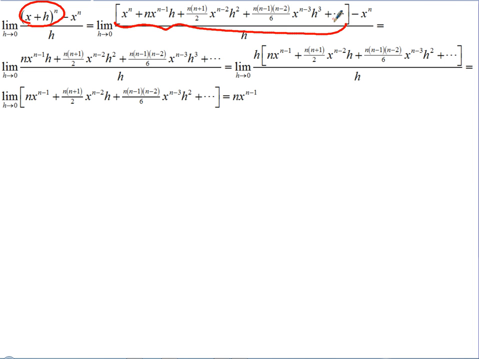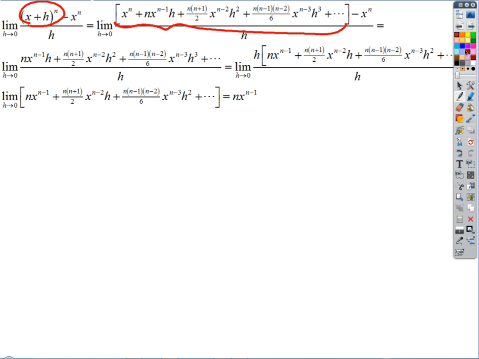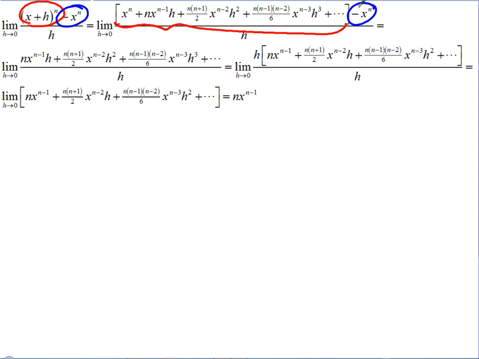All the way on out to, there's n plus 1 of those terms. But n might be huge, right? So we don't know what n is. For whatever n is, this is the expansion, though. And then minus our lonely little x to the n term at the end. And you guys saw the trend there.